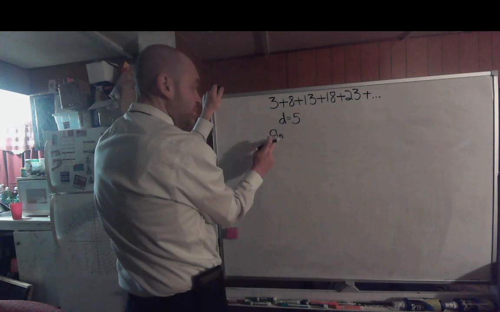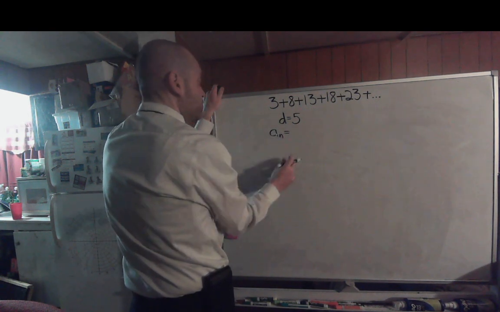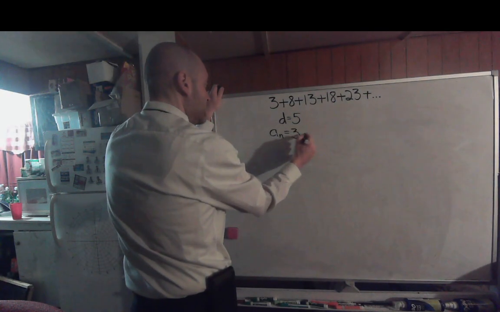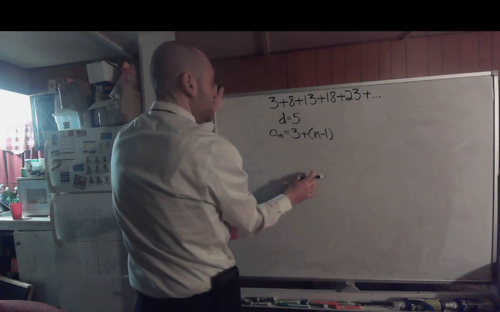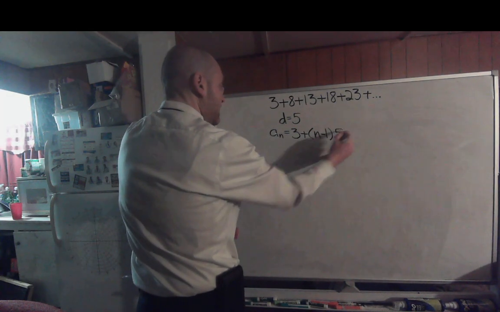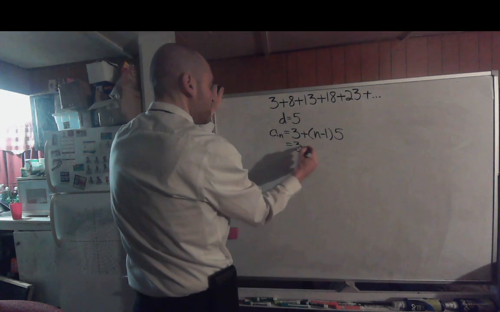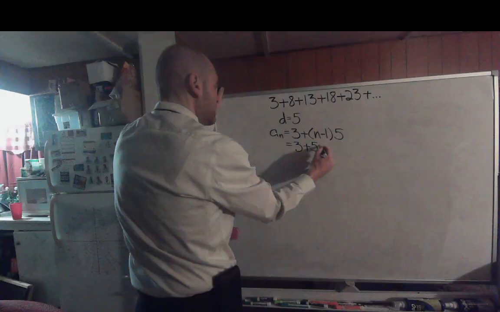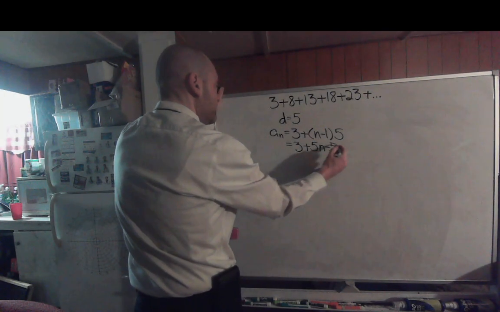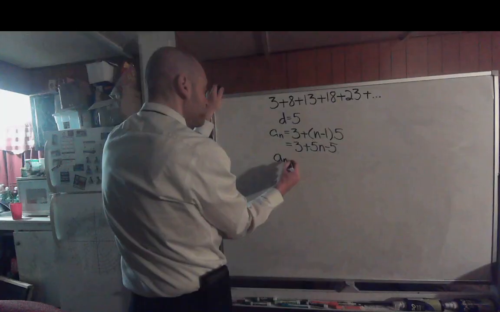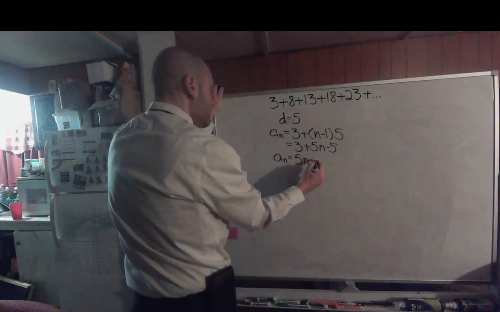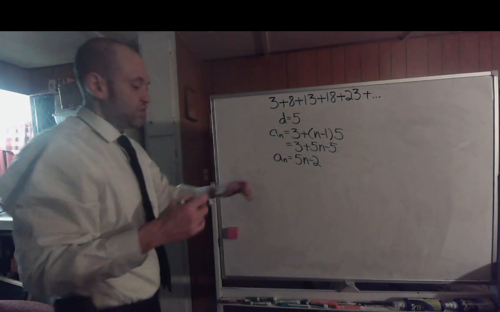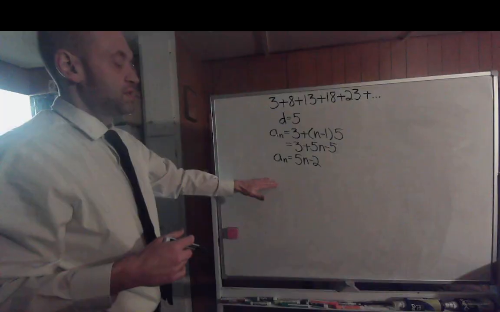That would be a sub n equals your first term of 3 plus that quantity of n minus 1 times the common difference of 5, which would simplify into 3 plus 5n minus 5, so a sub n equals 5n minus 2.